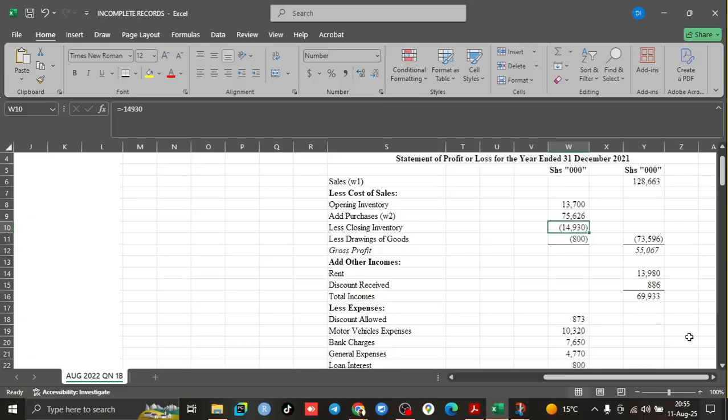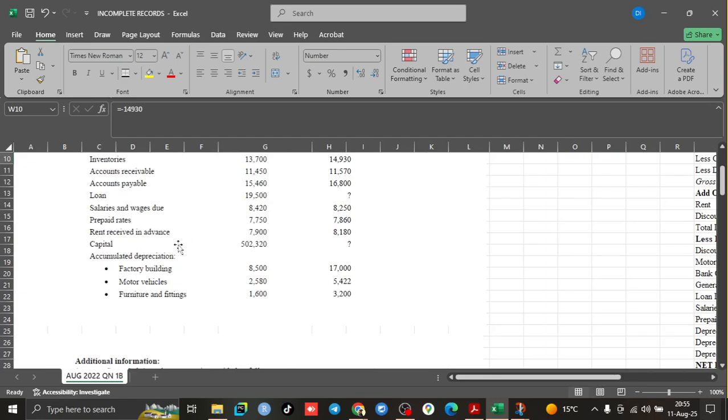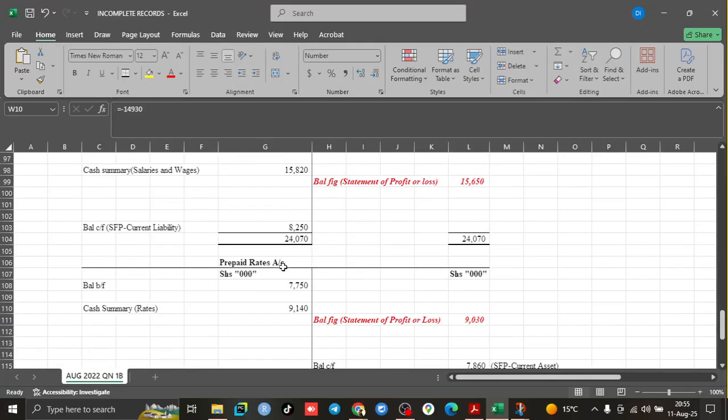The rent income, profit and loss, balance brought forward, prepaid rates. Okay, so because it's a rent income account, there's something I did wrong. Rent received in advance. So this is an accrued income, see, an asset account, it's an accrued income account.